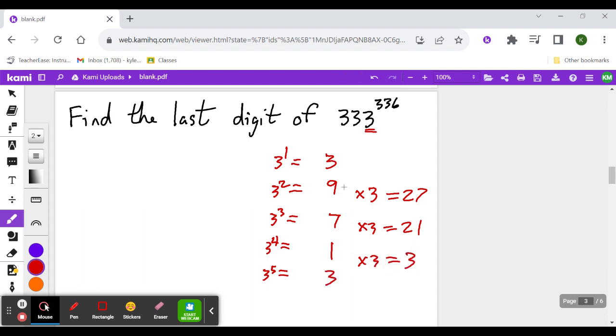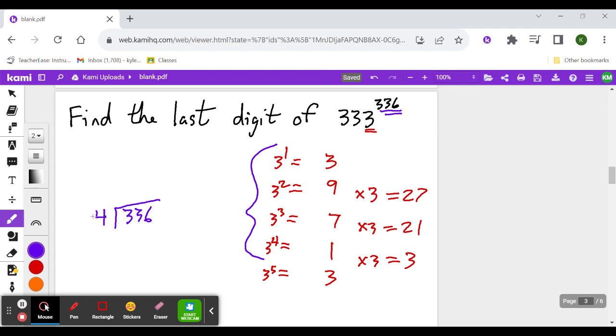And see, that's when the cycle repeats itself. So for this problem, we have 4 options again, 3, 9, 7, 1, 3, 9, 7, 1, over and over again. So take this exponent and divide it by 4. See what our remainder is.